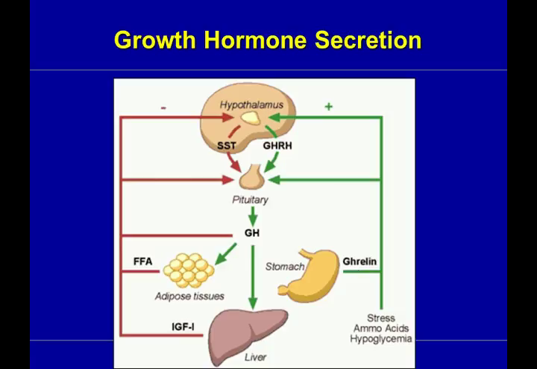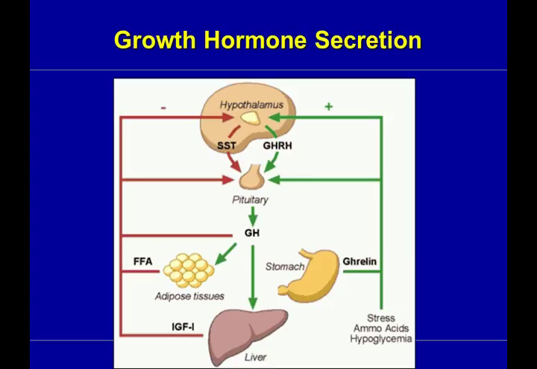Someone discovered that there are other things besides GHRH that would stimulate growth hormone secretion, and they said, well, there must be a receptor for it. If there's a receptor, there must be a natural ligand. They found the natural ligand, and they named it ghrelin. It's a natural growth hormone releasing hormone.